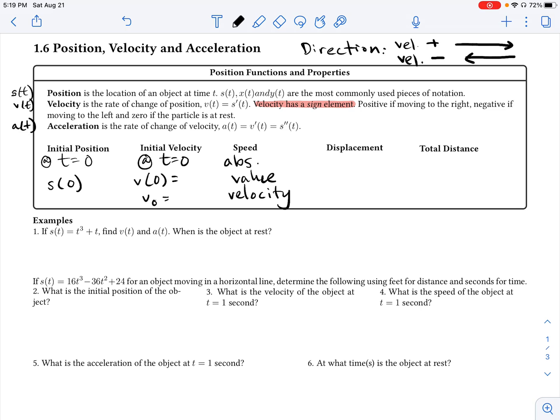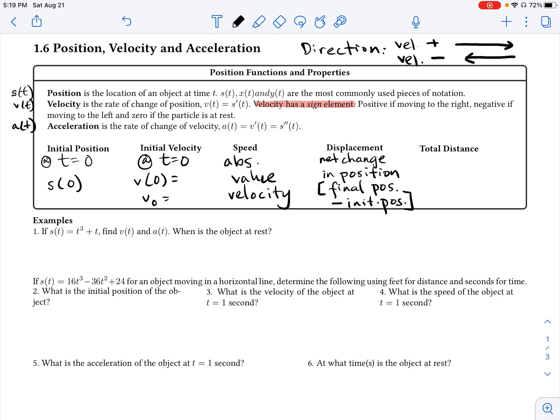So displacement is the net change in position. And I'll do an example real quick just to make sure I highlight the difference between the two. So we will find the displacement by taking the final position minus the initial position, or wherever we're comparing it to.